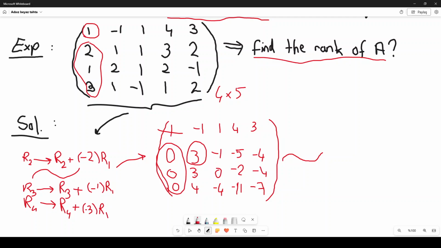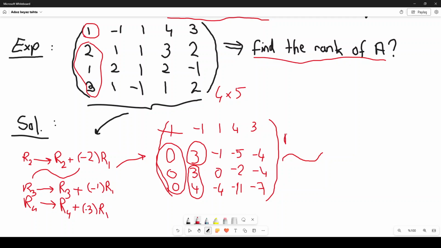So 3 is the new pivot position, and I should eliminate the values below this new pivot position, right? So the values here I just circled in red should be 0. So how can I do that? Again, I continue the Gaussian elimination method. I need to replace row 3 and row 4 by something else.